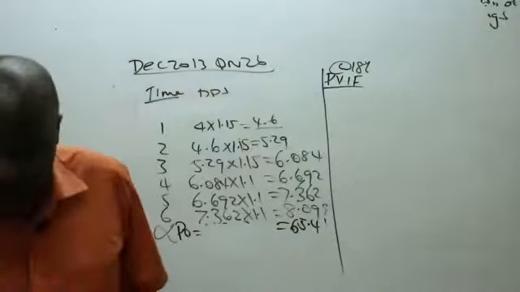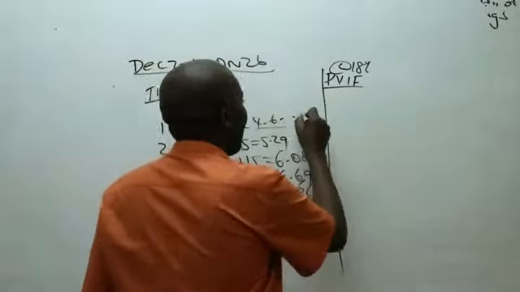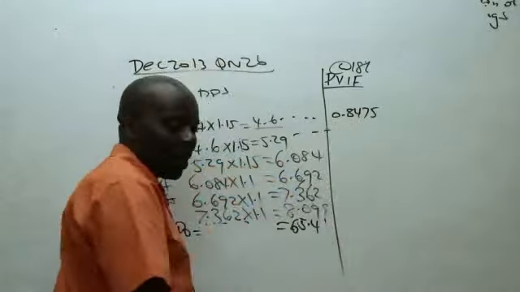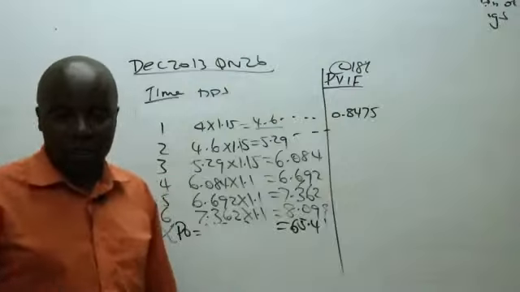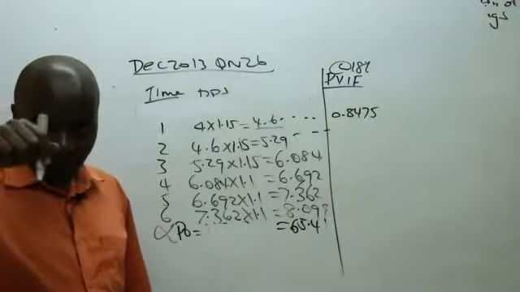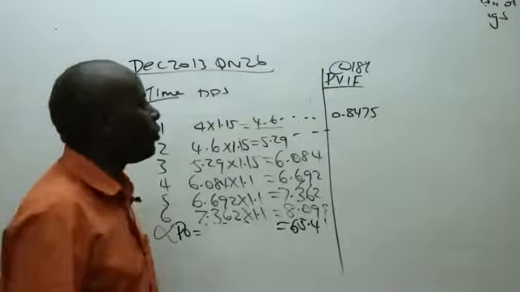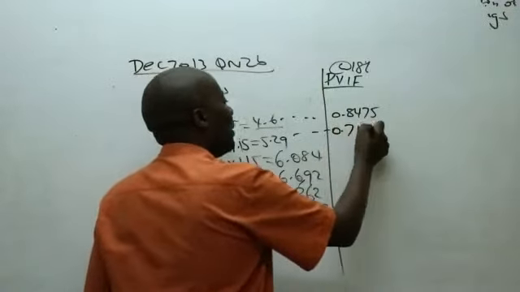Thank you very much. I can now see them coming in thick and fast. We have 0.8475. So the first one is 0.8475. How about the second one? The second one for the second year. Remember, you're looking at the 18% column. I can see 0.7182. Thank you very much. 0.7182. We continue.